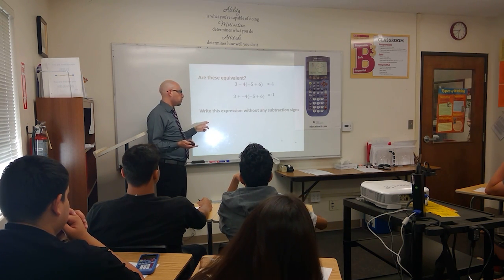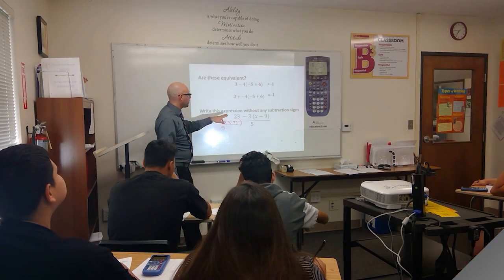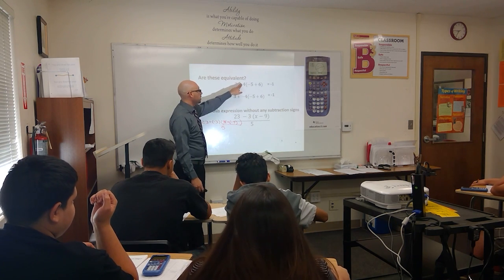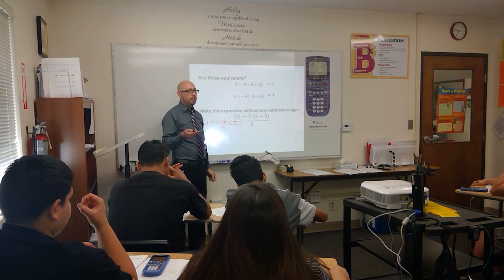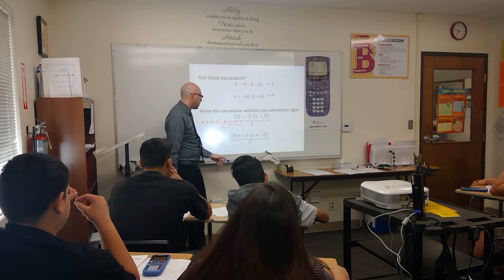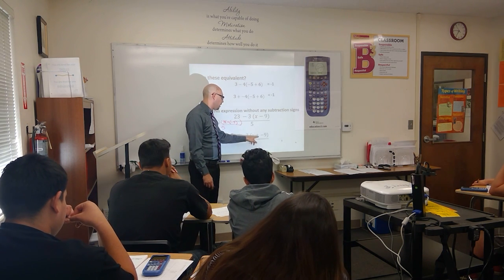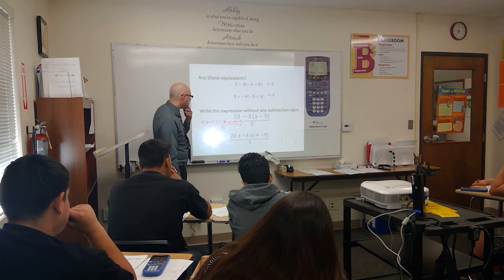Can you write this expression, please, without subtraction signs? Like we saw that subtracting a +4 was the same value as adding a -4. So I think a lot of people chose, instead of subtracting a +3, to add a -3, and same with the 9. Instead of subtracting a +9, they're adding a -9.